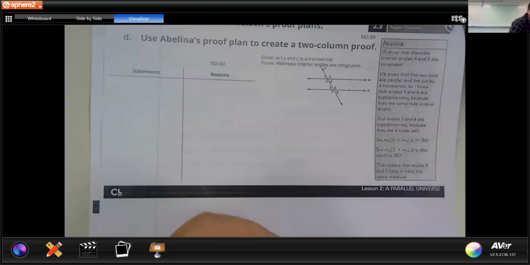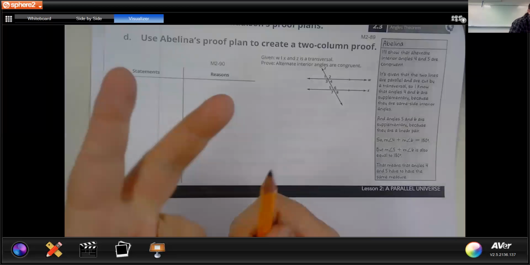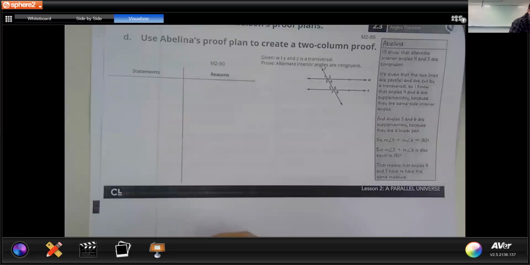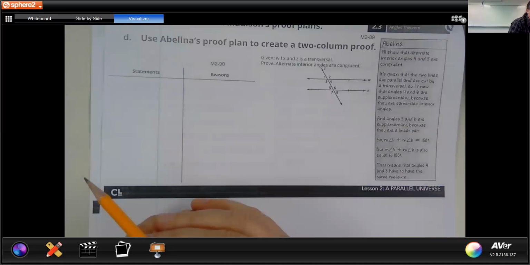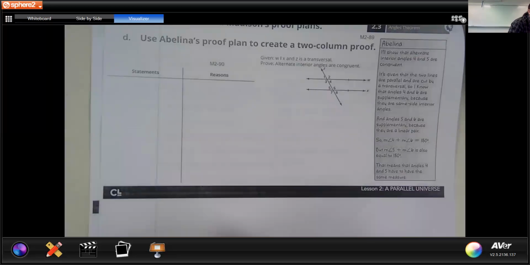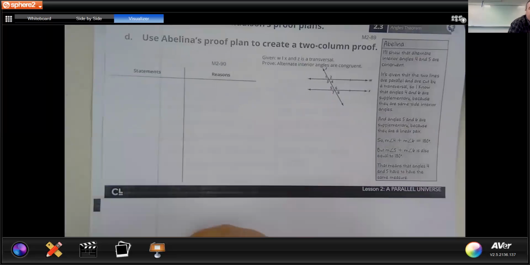We use corresponding angles and vertical angles to show that, but she's using supplementary angles. Try to take what she did here and put it here to prove that alternate interior angles are congruent. And on the next slide after that, it'll be your answer. Compare your answers. So write this down on a piece of paper.